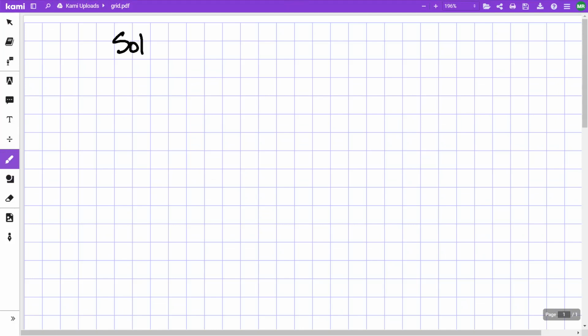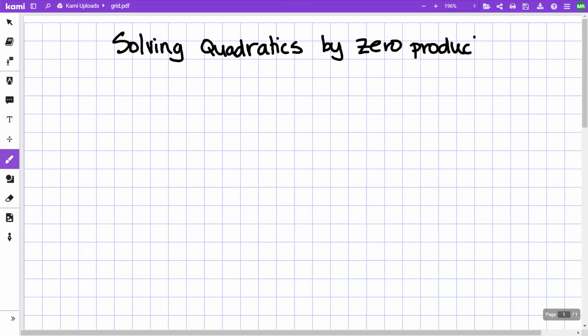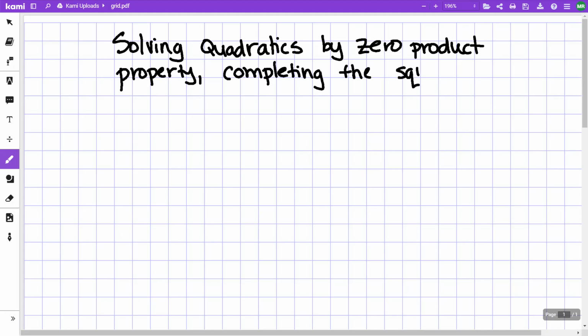So solving quadratics by zero product property, completing the square, and quadratic formula.